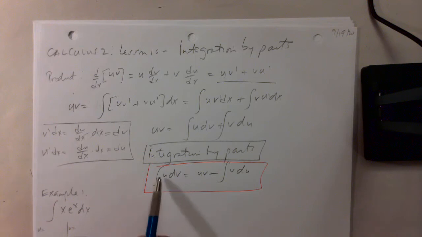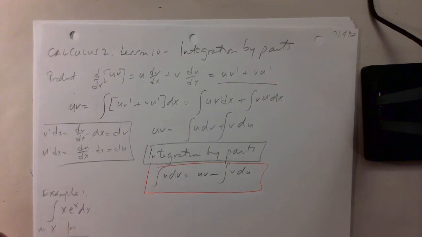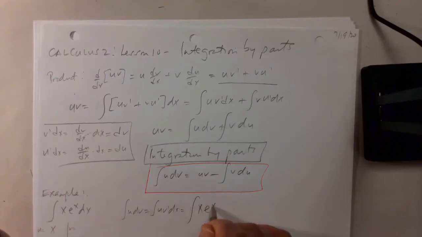So I have u dv or uv prime. So suppose we set u equal to x and v prime equal e to the x. Then the integral of u dv, or the integral of u v prime dx, that's the integral of x e to the x. That's what we're interested in.